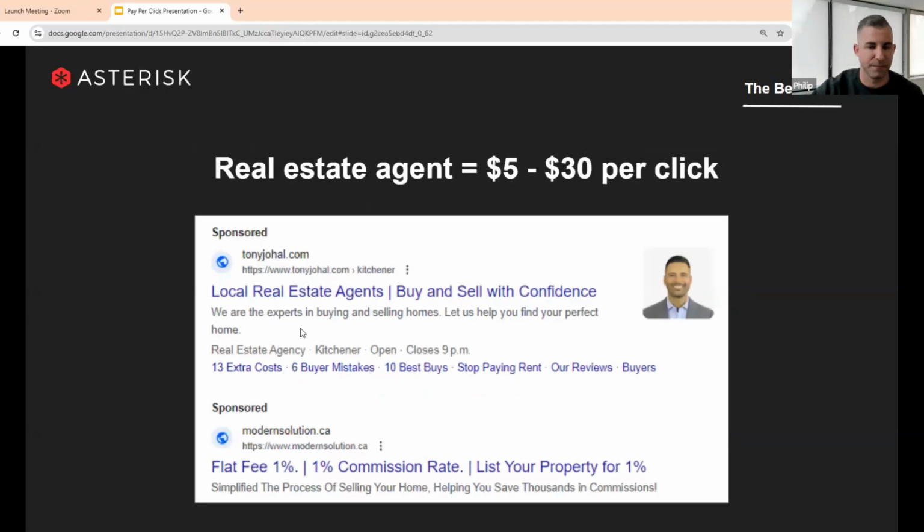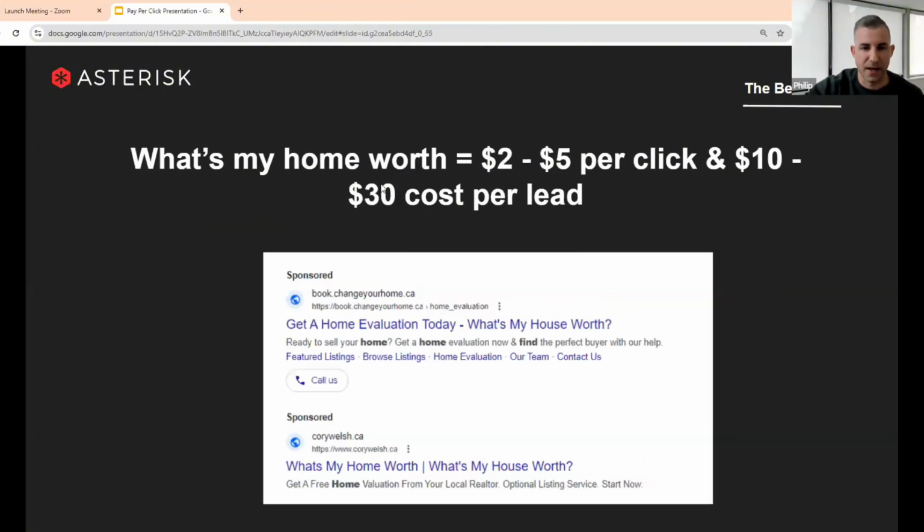A real estate agent campaign, usually $5 to $30 per click. I don't have a lot of stats on the cost per lead on that one, just because LSA does take a hefty amount of that traffic away. But it can be an effective campaign. It comes down to also your landing page, your value proposition, which we'll get into in a second. What's my home worth?